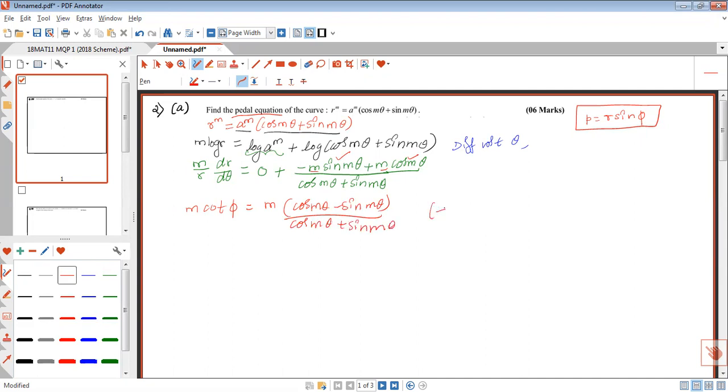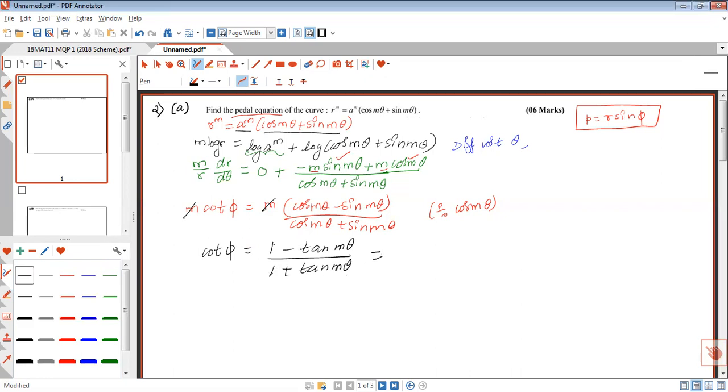Now let's divide each and every term by cos m theta, and here m gets cancelled, cot phi will be cos by cos, that is 1, minus sin by cos is tan m theta divided by 1 plus tan m theta.